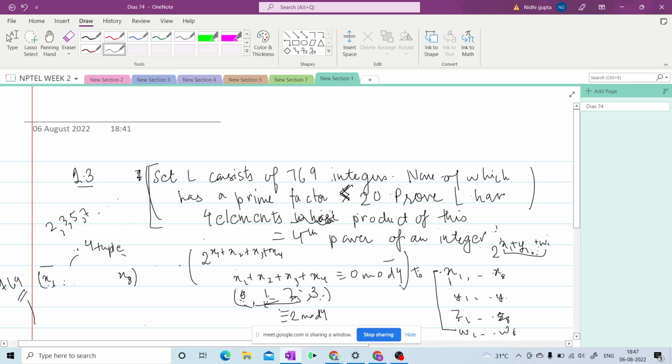You want to guarantee that in all of these coordinate-wise additions, the number you get is a multiple of 4.